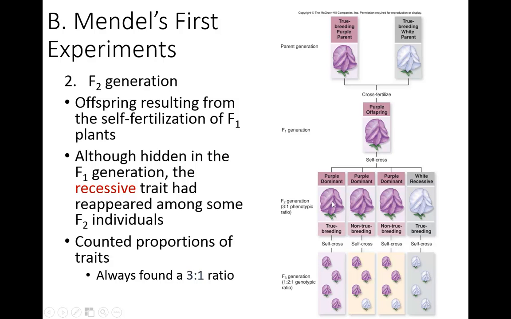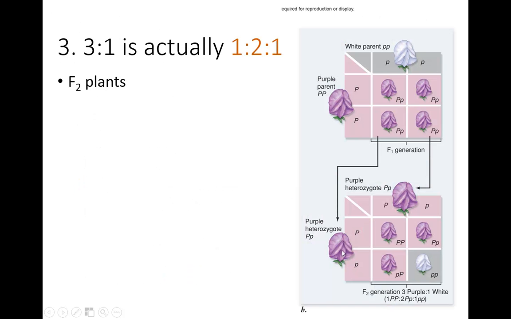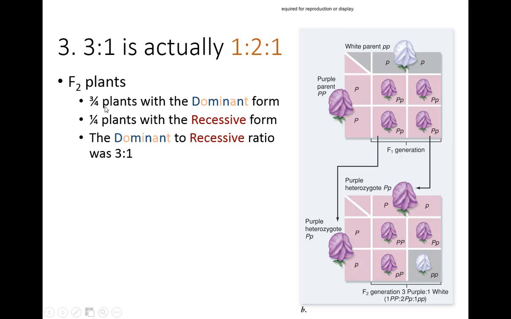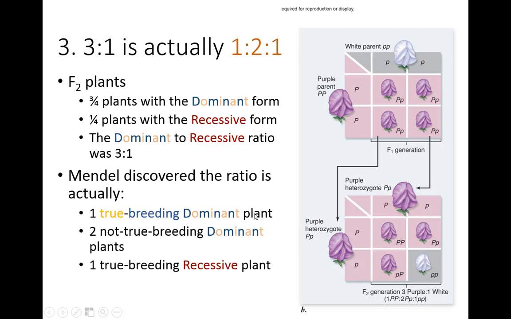But when he self-fertilized those, so making an F3 generation, he found that some of them had all dominant trait, and then some of them had some of the white trait, some of the recessive trait, and then true breeding, the white ones, they always had the recessive. So what was originally thought as a 3-to-1 was actually a 1-to-2-to-1 ratio. 3/4 of them had the dominant trait, the purple, and 1/4 of them had the recessive trait, which was white. But then self-fertilization of those found that one of those purple ones was a true breeding dominant plant, two of them were not true breeding, and one of them was true breeding recessive.